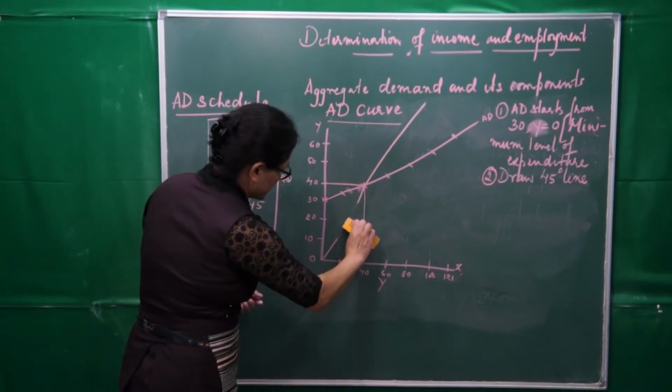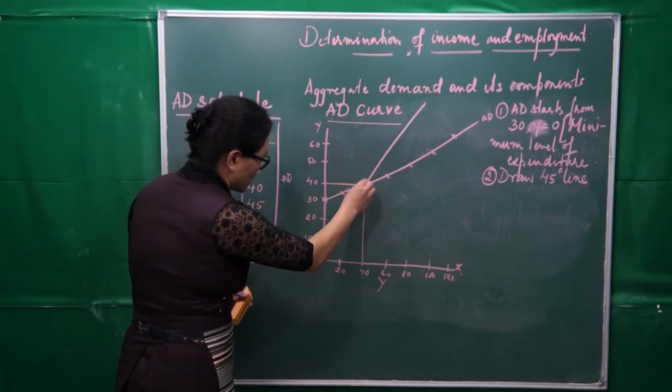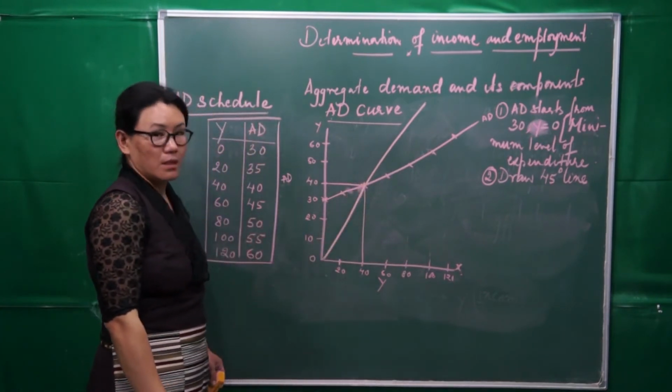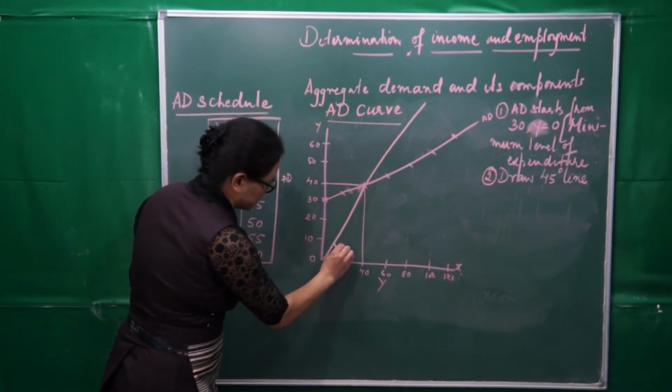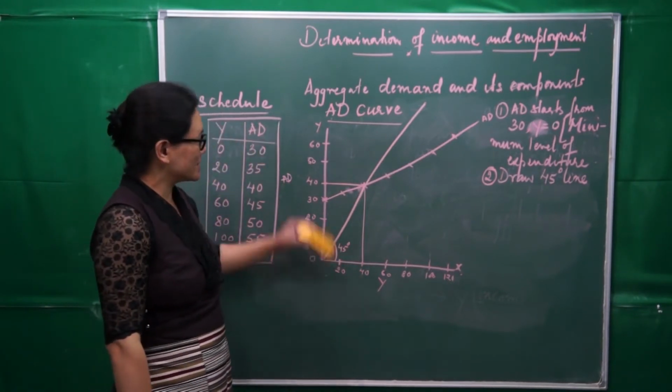Is it coming straight? Please make it straight, okay? Draw a 45-degree line in between these two, x-axis and y-axis.